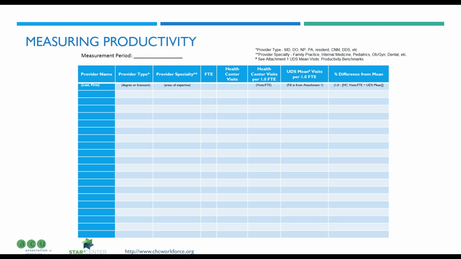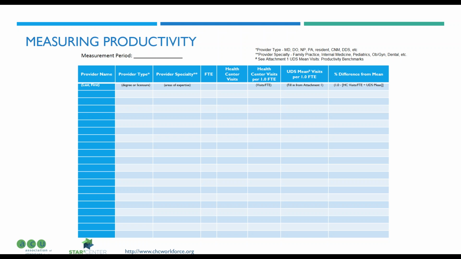So this particular table has a provider name and a provider type, and that would be whether they're an MD, DO, NP, PA. And the reason you need that information is because the benchmark may be different depending on whether it's a physician or non-physician provider. This is not where you would put nurses or like an RN or an LPN or medical assistant.